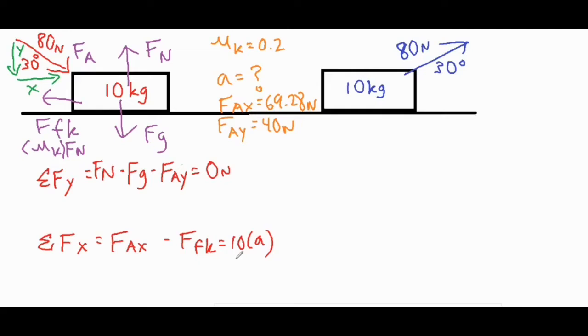We know that m is 10 kilograms from the original question. That's where we're going to be able to solve for our a. So let's plug in all of the values we know and see where that takes us for our next step.